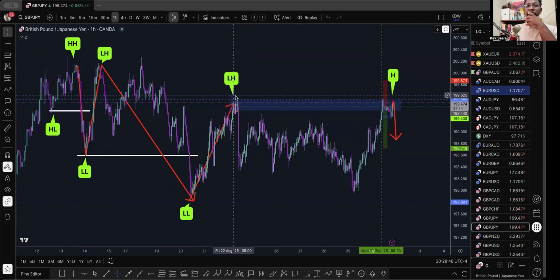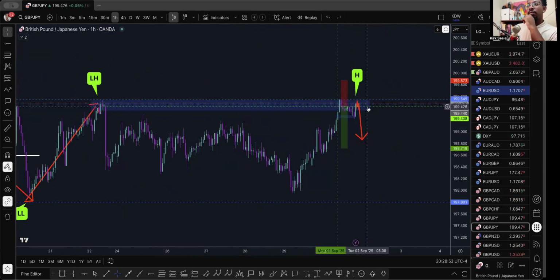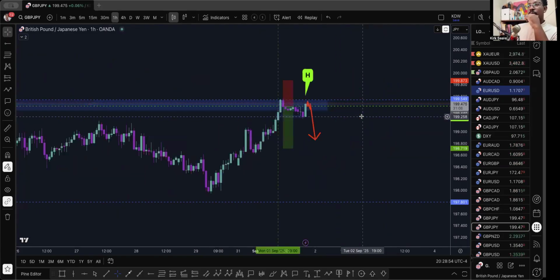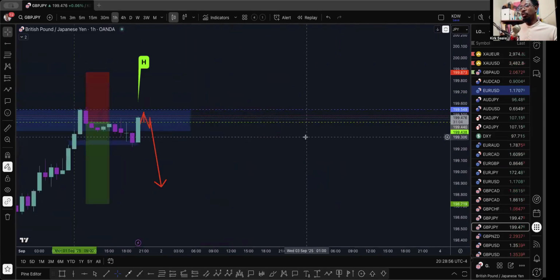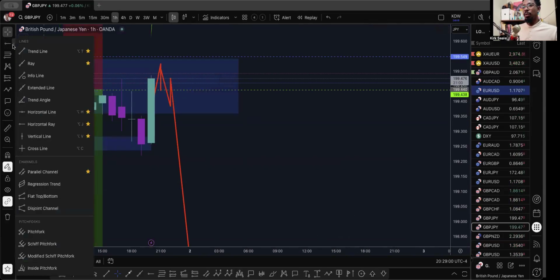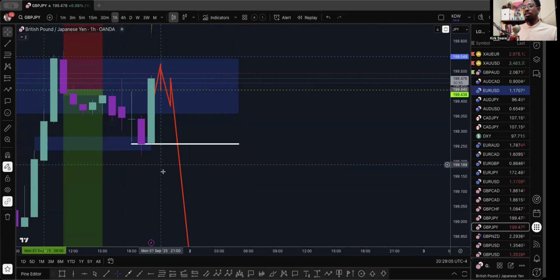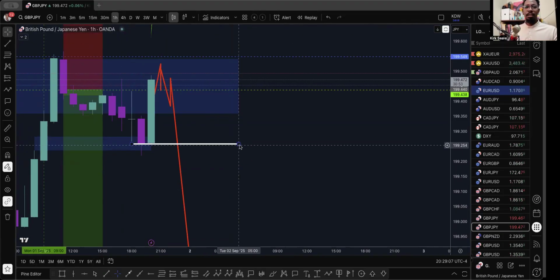Understand what I'm saying? We only want lower highs. So as long as we stay below 99.55, we're good. We're going to know that we are really good when price closes anywhere by 99.25. Let's see.